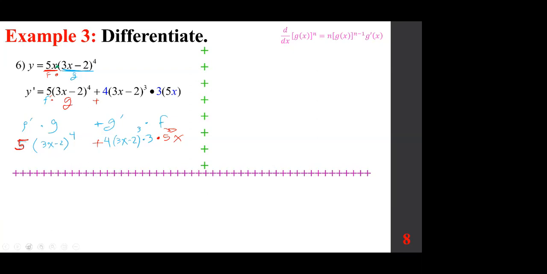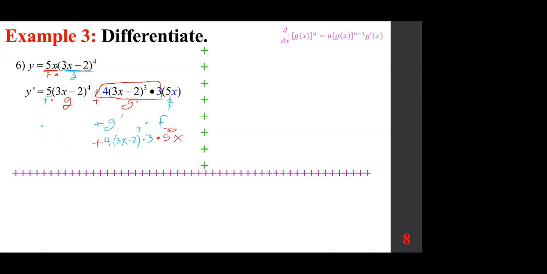This is g prime. And this is the f function. Okay, class? And you're done with calculus.